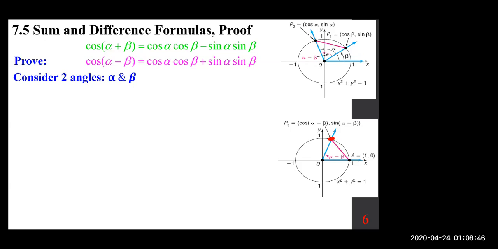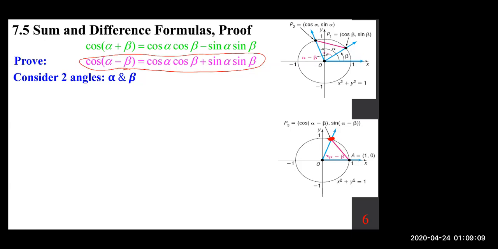First and foremost, we come up with two angles, alpha and beta, and we choose them such that alpha is larger than beta. We can see the beta, we can see the alpha, and since we are establishing this identity, class, we choose alpha to be larger than beta.